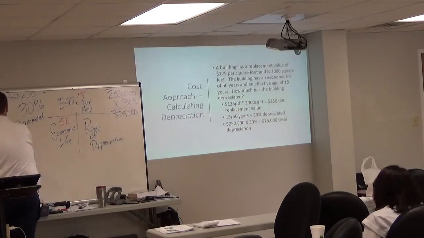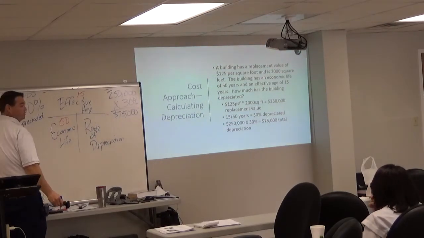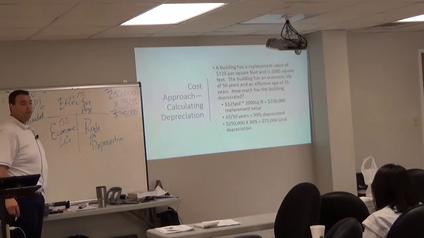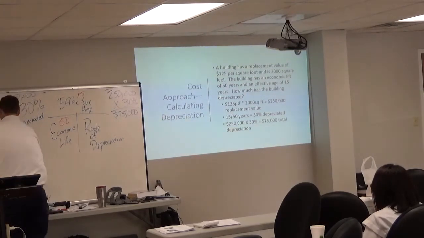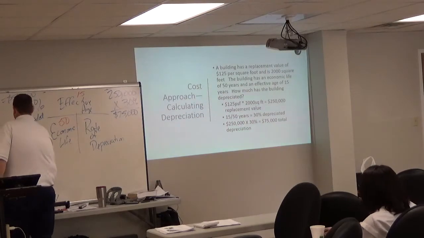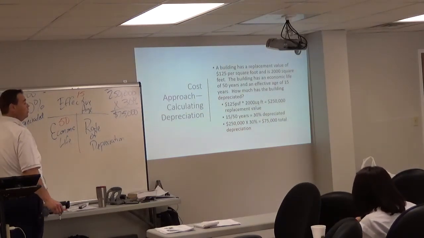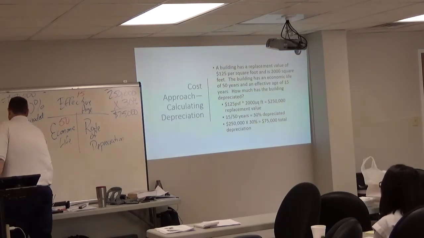What's our math going to look like? Step 1, land value. How much is it? $50,000. Plus what? $250,000, because that's the replacement value of the property. And then minus the depreciation, which is what? $75,000.